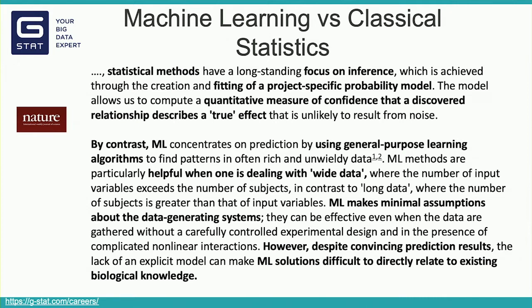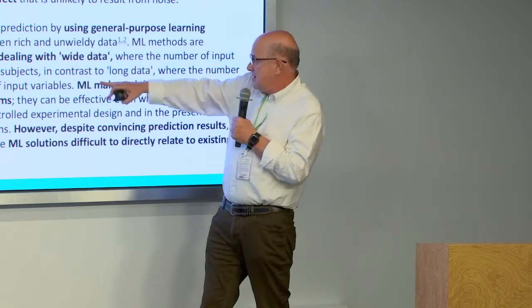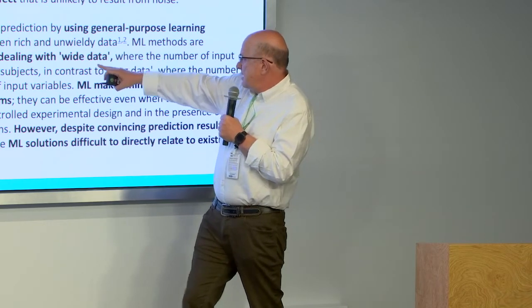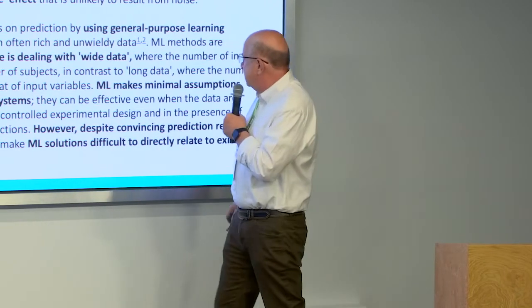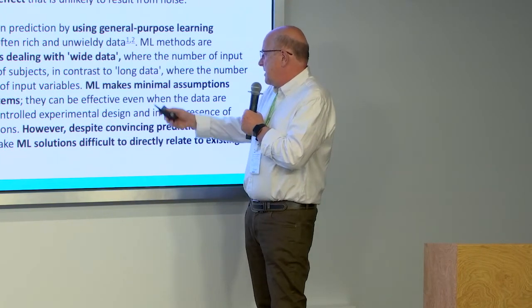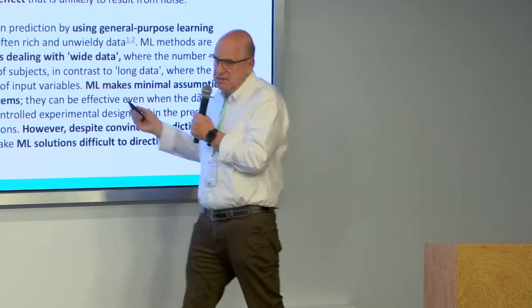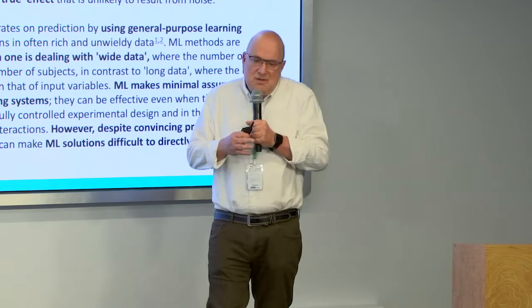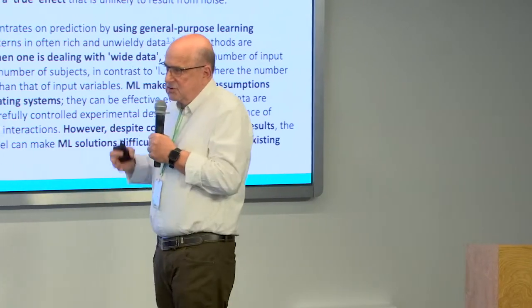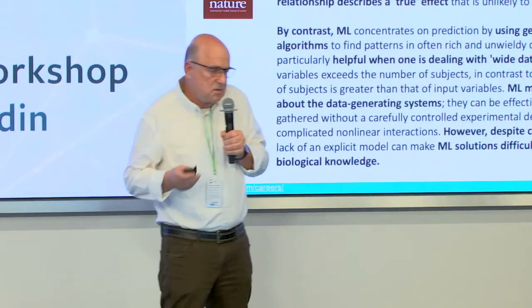In contrast, in machine learning we use general purpose learning algorithms, helpful when one is dealing with wide data, as I said. And machine learning makes minimal assumptions about the data generating system. So we don't care about the data generating system, about the probability model. We want good prediction.